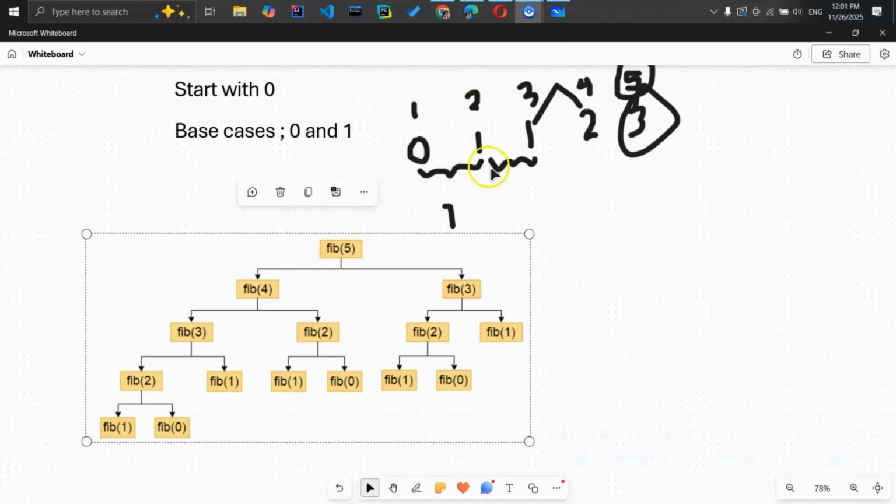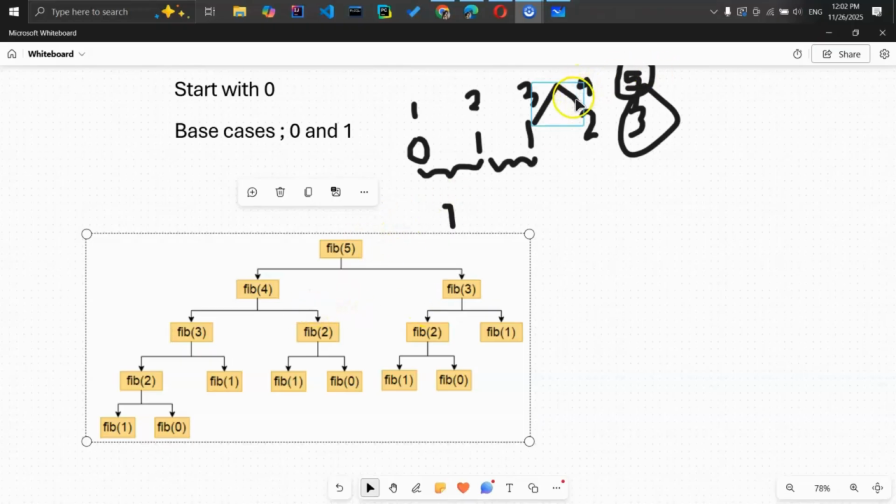According to this, you can understand this presentation, right? Fibonacci 5: we can get it from Fibonacci 4 and 3, the sum of Fibonacci 3 and Fibonacci 4, right?